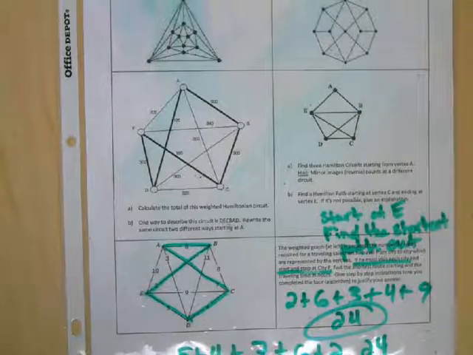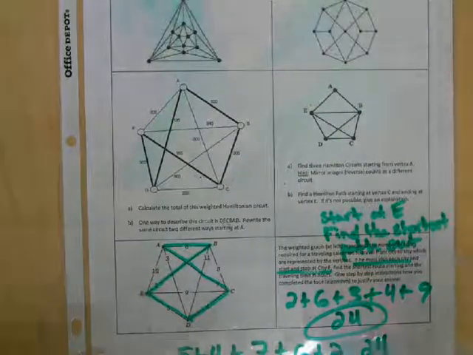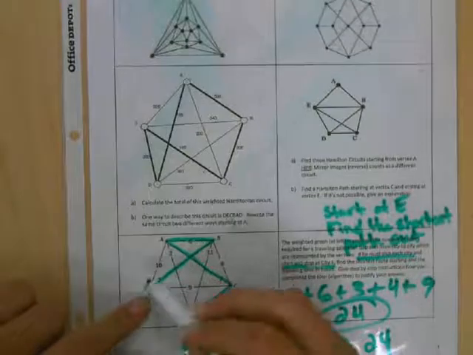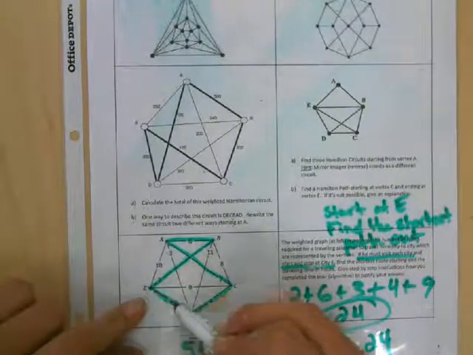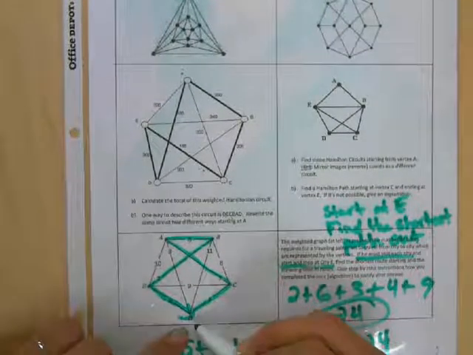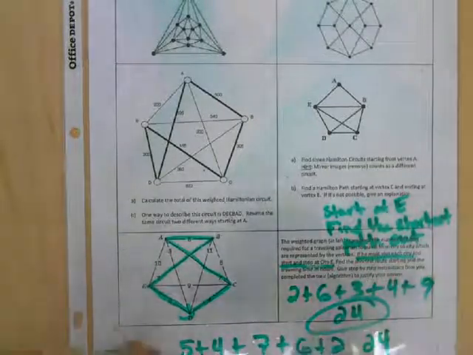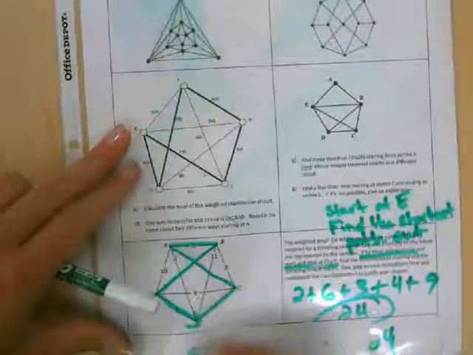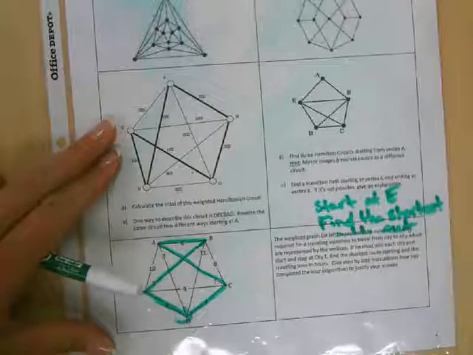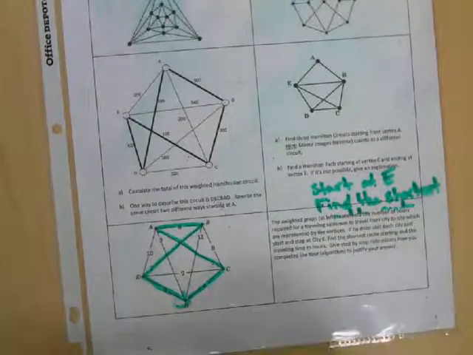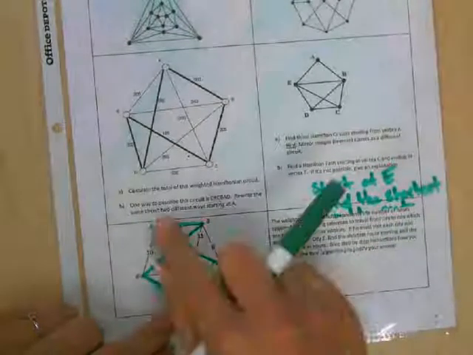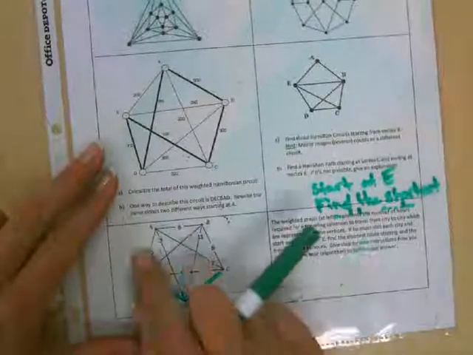Okay, so I went from here, and I said, okay, there's 5, and then I went for the shortest. Ooh, I missed the shortest. Let's go back and check my instructions there. Because I came here, and I could have gone up 3, so let's see if that changes anything.